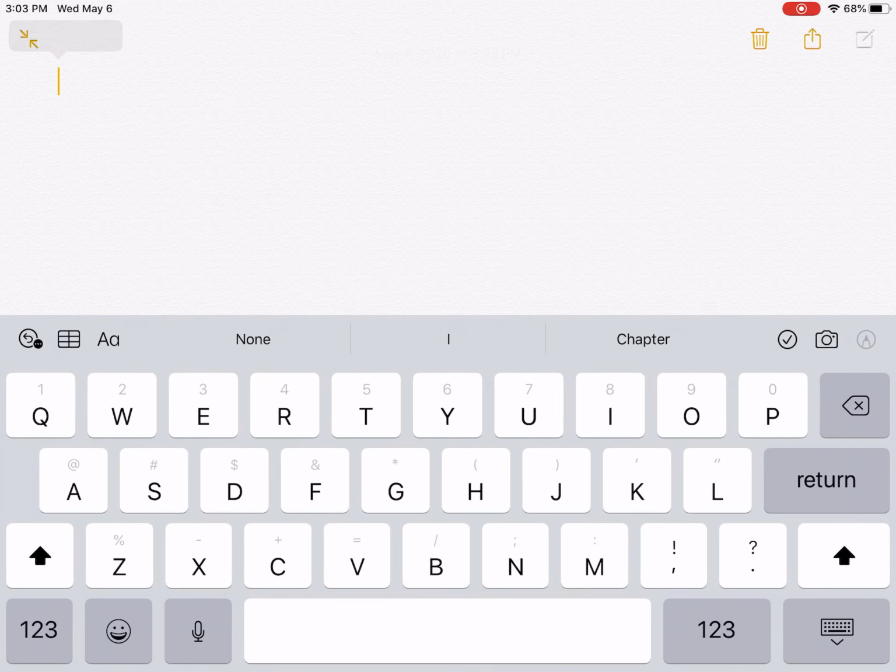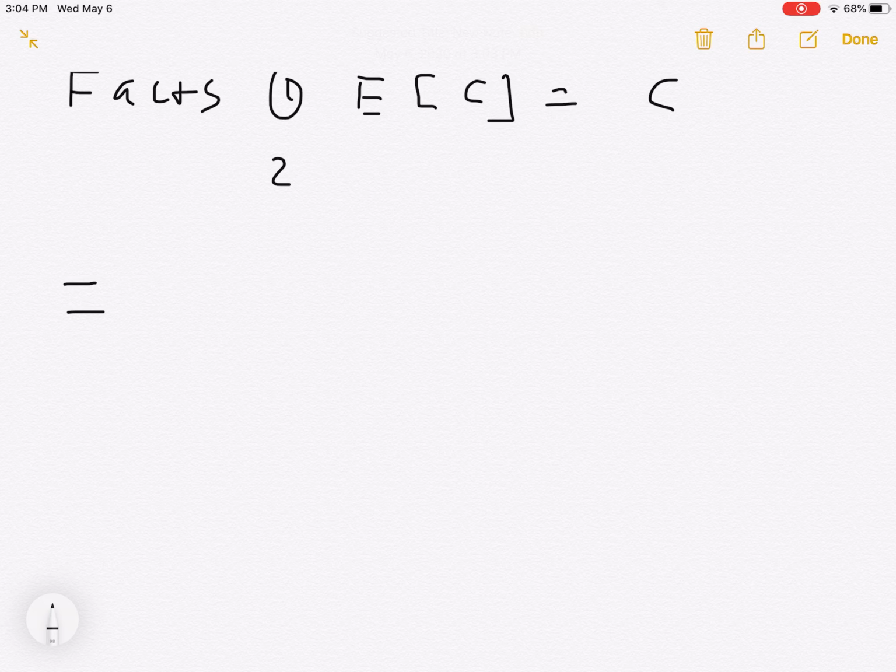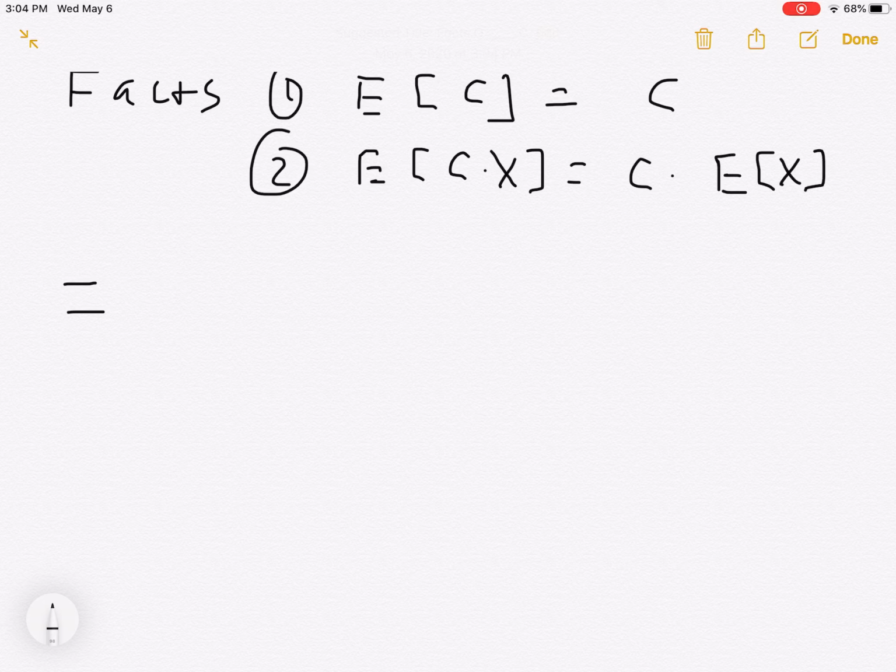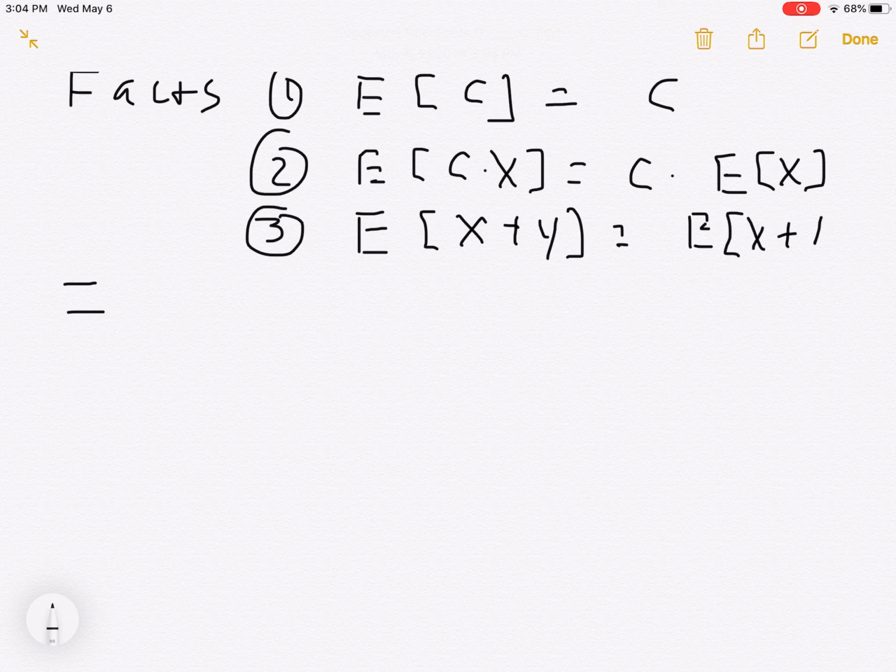Here's a couple of facts, and then we'll continue the calculation. One is that the expected value of a constant is the constant itself. The second one is that the expected value of a constant times x is equal to the constant times the expected value of x. Third is that the expected value of x plus y is equal to E of x plus E of y.